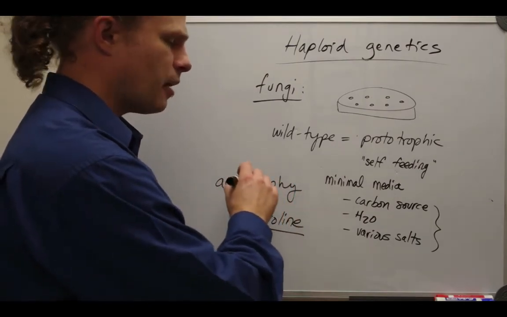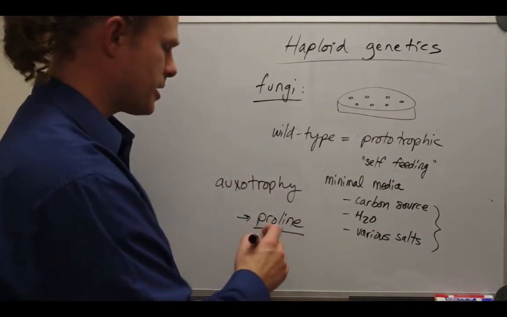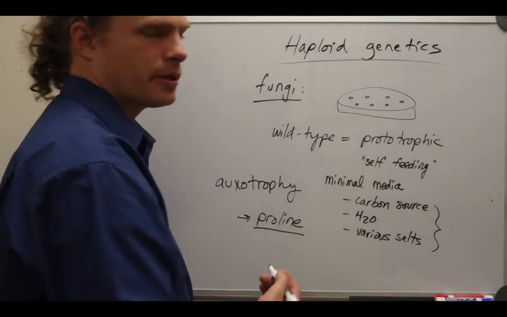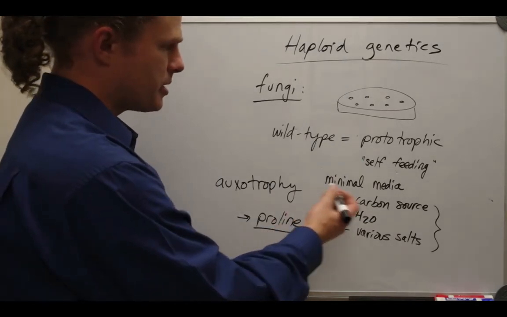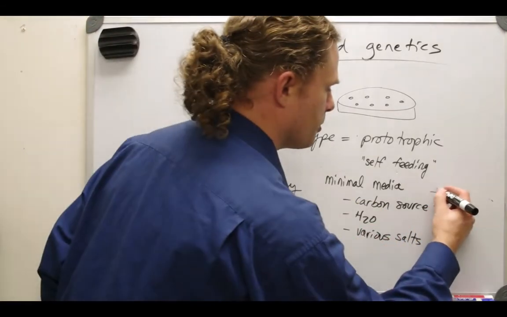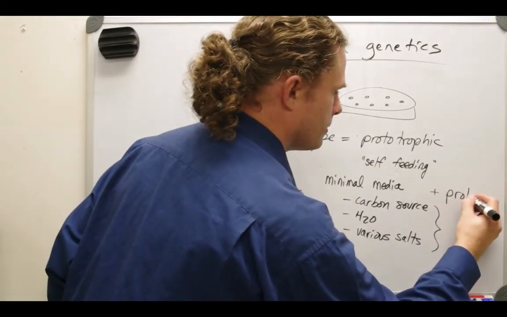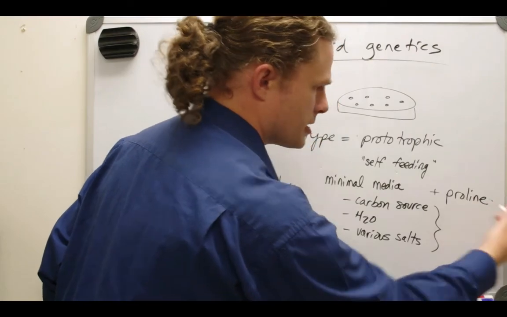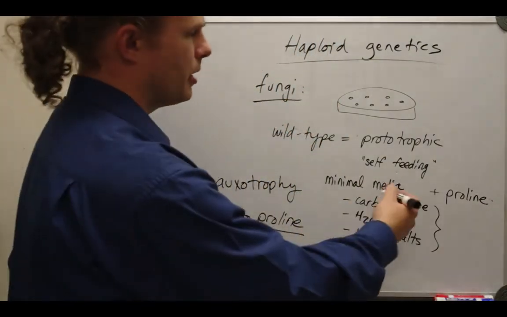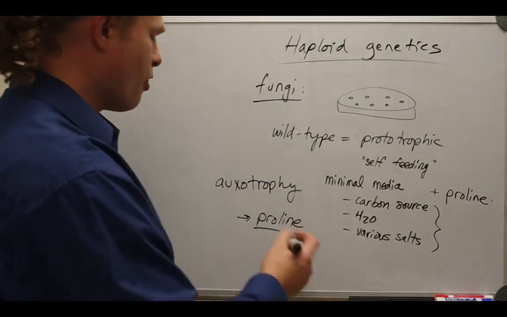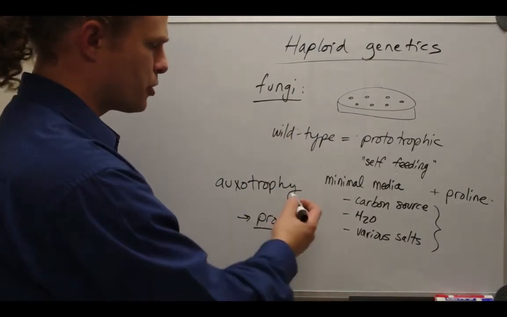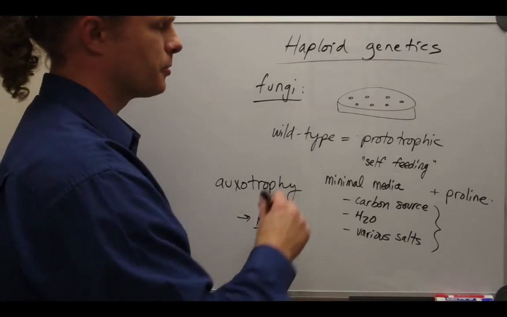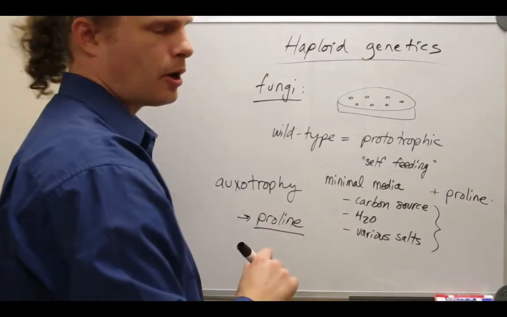One way you can recover auxotrophic mutations, however, is to supplement the media with something. So for example, if we supplemented minimal media and now added proline directly, so actually take that amino acid and include it in the media when we pour the plates, then a proline auxotroph, a fungus that is auxotrophic for proline and can't make its own proline, would be able to grow on this media.